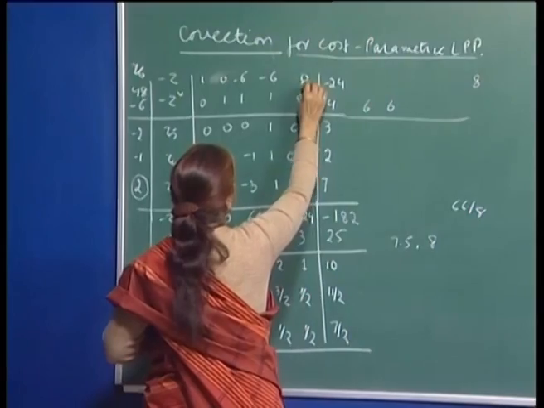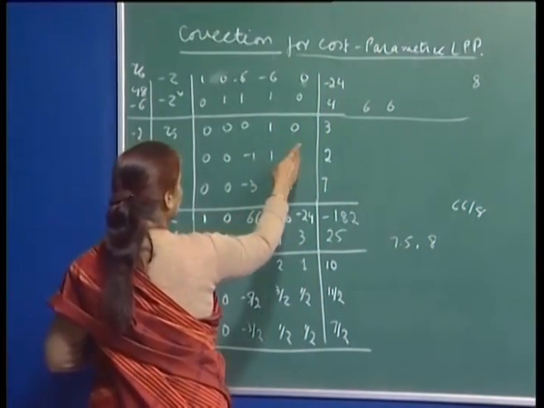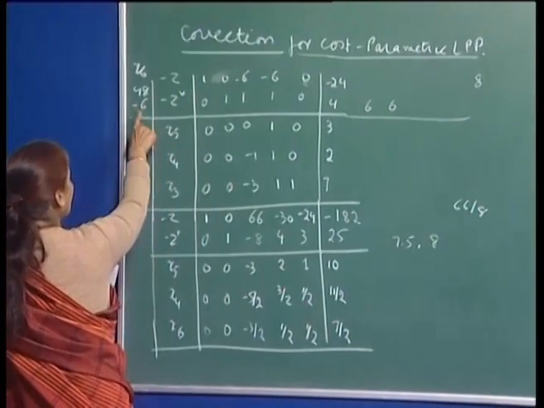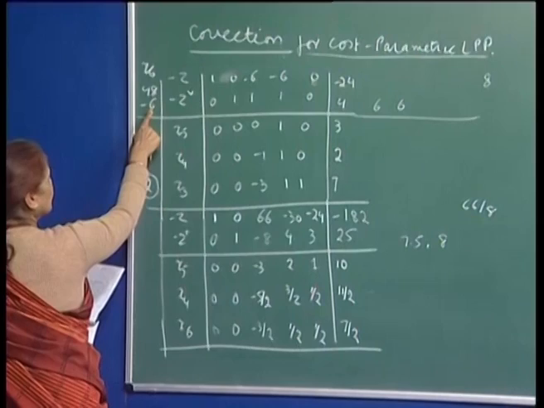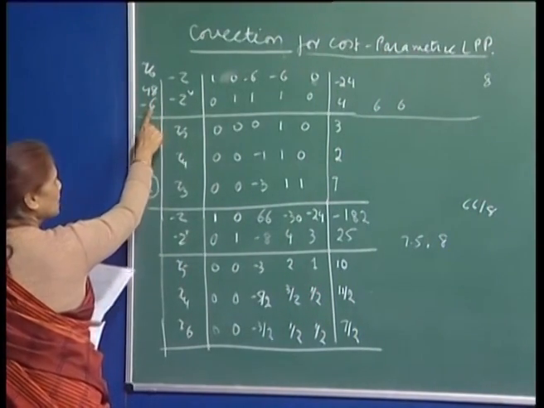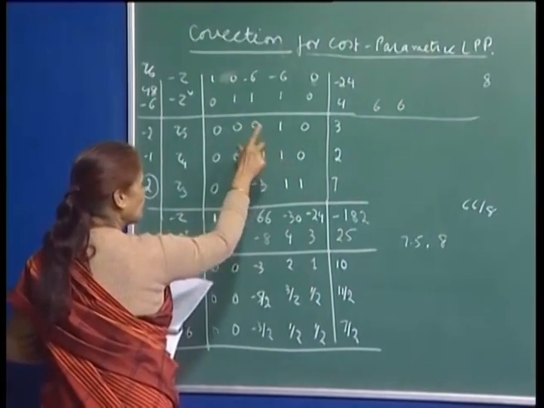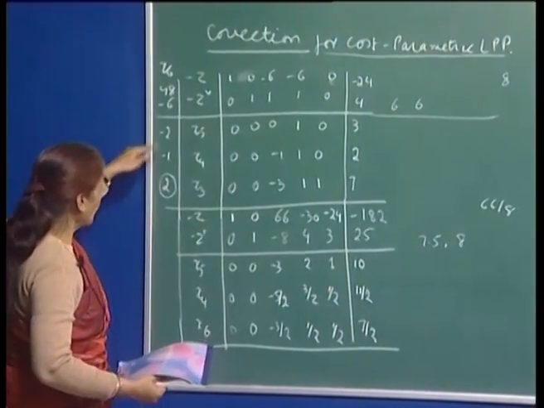This tableau shows you when x6 has been brought into the basis. This number was 48 and minus 6, so when you take the ratio it will be minus 48 by 6, which would be 8. So this tableau shows you the computation after x6 has been brought into the basis.